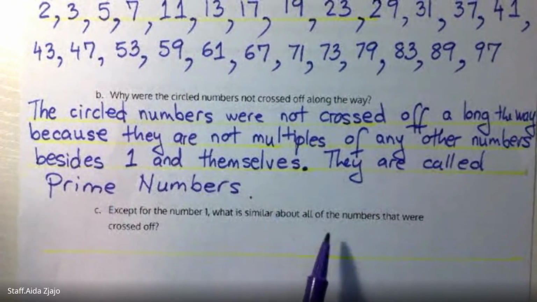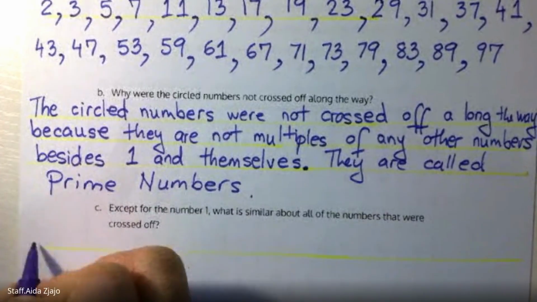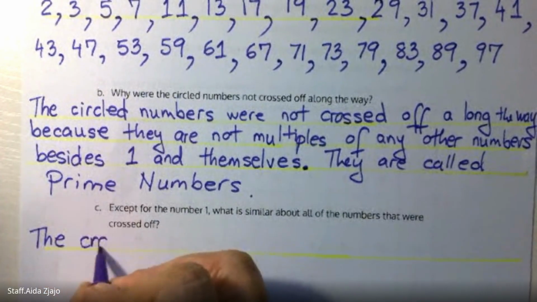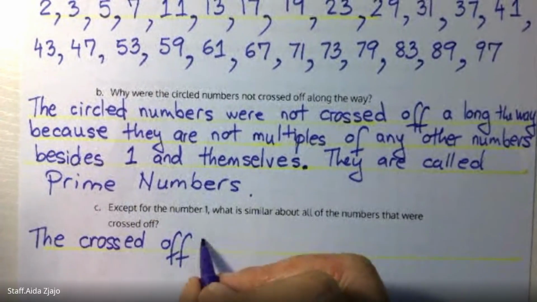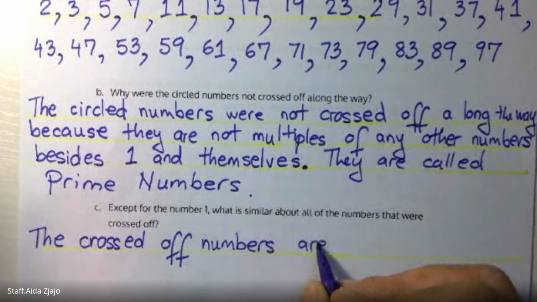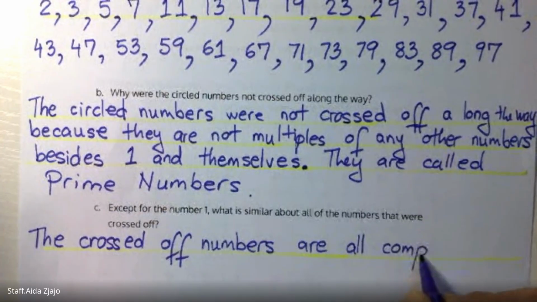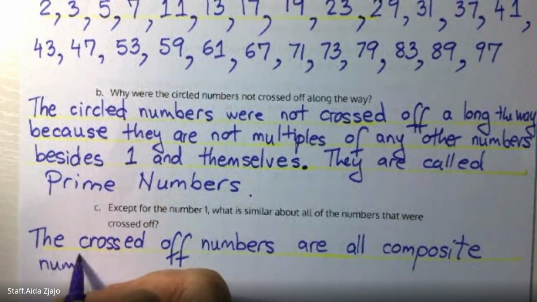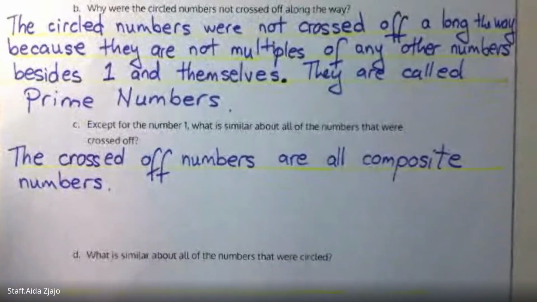What is similar about all of the numbers that were crossed off? The crossed off numbers are all composite numbers, and they are different multiples of others.